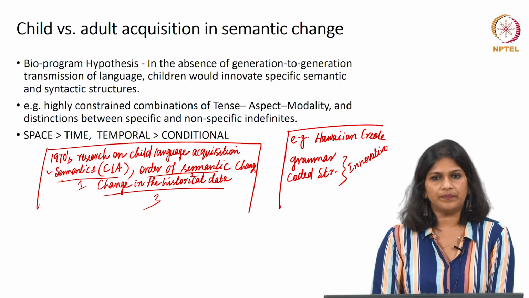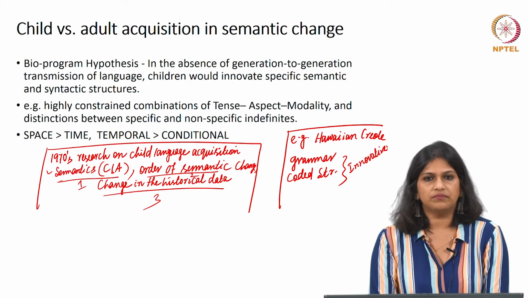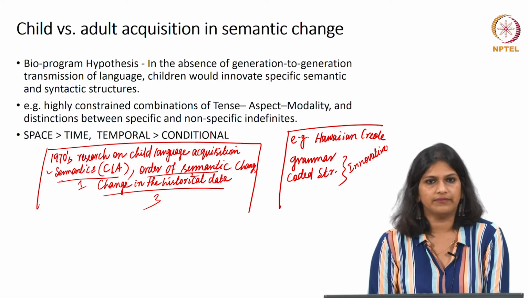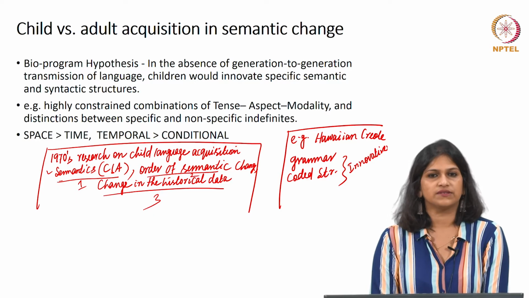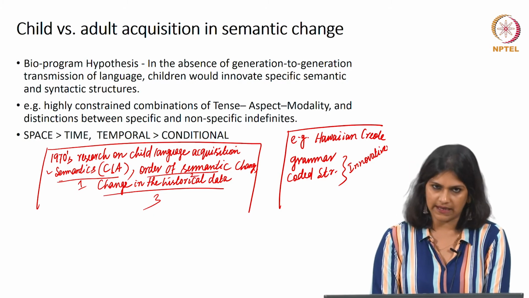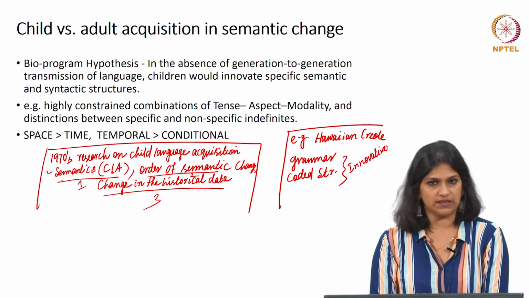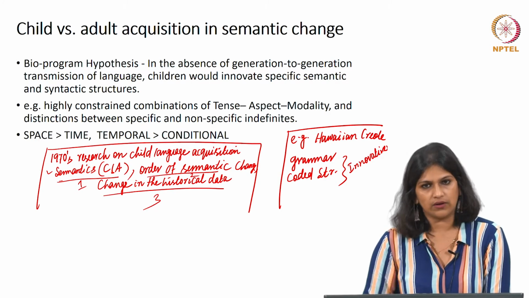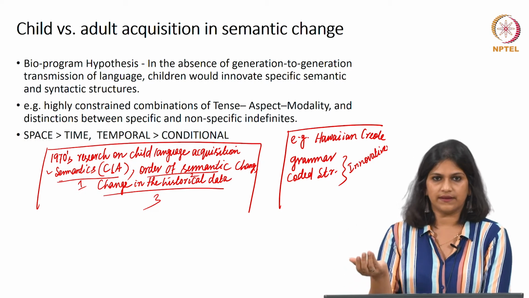And one such example is given here, looking at the spatial and temporal data that we have. Across conceptualized structures, space is always higher than time, and temporal phrases are always hierarchically higher than conditional phrases. Did you understand?